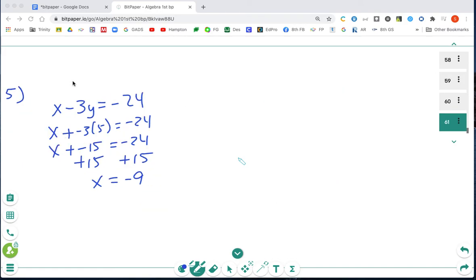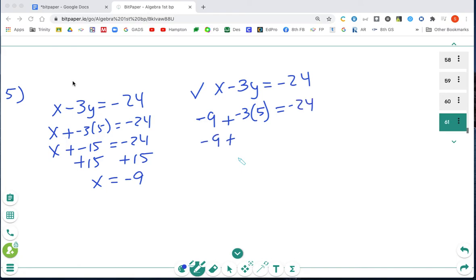To check, I'm going to put them into the original equations. So I have x minus 3y is equal to negative 24. x is negative 9 plus negative 3 times 5 is equal to negative 24. Negative 9 plus negative 15, negative 24 on the left and negative 24 on the right.